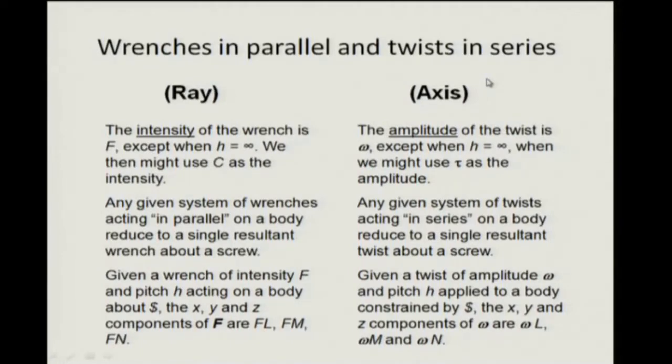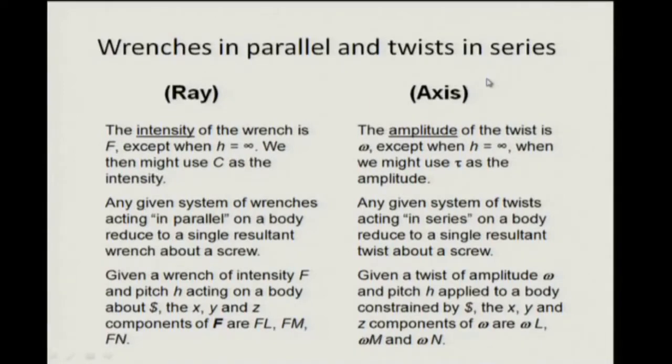You define the intensity of the wrench as F, except when h is infinity, in which case it becomes a pure couple, and then you use C as the intensity. Similarly, there is the amplitude of a twist, which is essentially omega, except when h becomes infinity, then you use the translation as the amplitude of the twist.